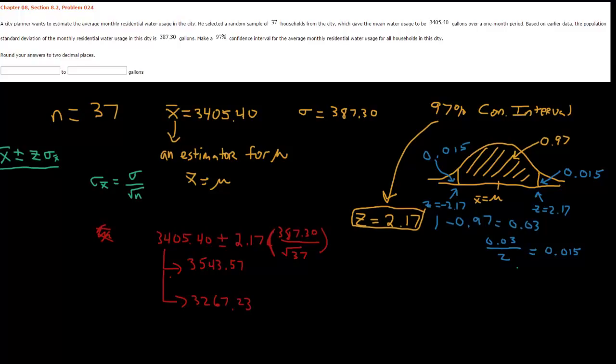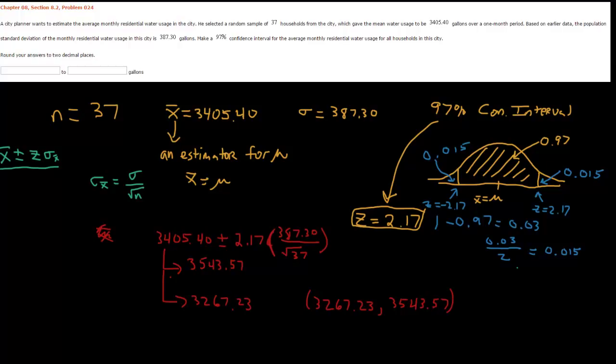Okay? So my 97% confidence interval is 3,267.23 to 3,543.57. There's my confidence interval.